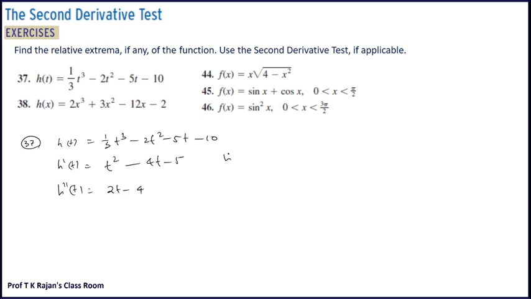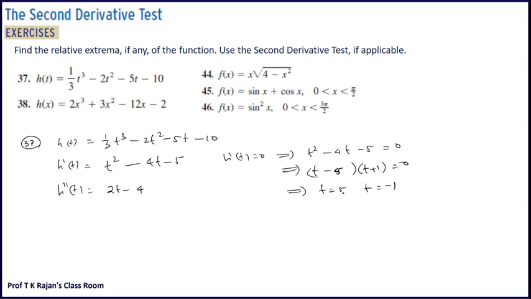Now h'(t) equal to 0 gives you certain points where the function has critical points. So t² − 4t − 5 = 0, and when you factorize, you can see that (t − 5)(t + 1) = 0, which implies t = 5, t = −1.